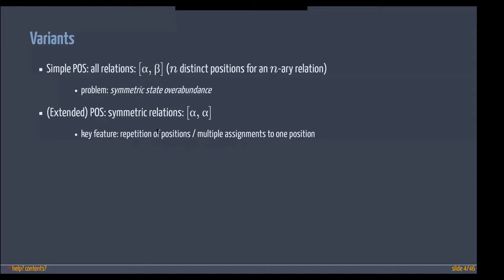So either it's a repetition of positions, or it's multiple assignments to one and the same position. The advantage is that we, of course, get the correct number of states for binary relations, because the extended positionalist holds that symmetric relations have these repeated positions, whereas non-symmetric ones have distinct positions. The trouble is this extended version of positionalism, which I call just positionalism, fails with polyadic symmetry. And this is what the following cases are all about.